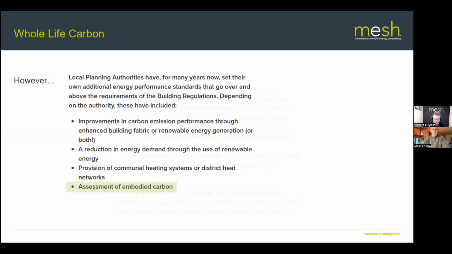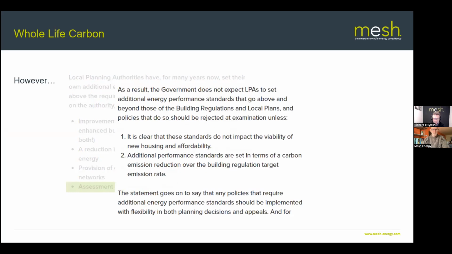Just when we thought we knew where we were going, we've got a slightly different policy, because they're saying that these additional requirements should not impact the viability of a scheme.